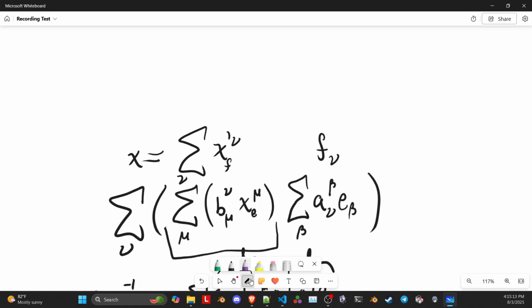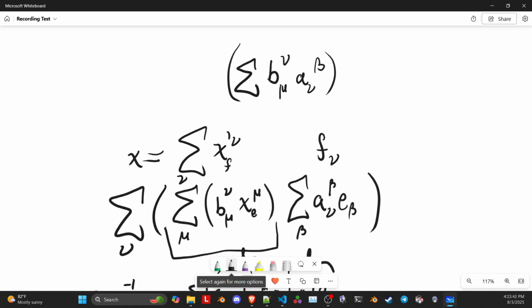Let's try that. Since the x mu's and the e betas don't use the nu index at all, it's the one that looks like a v, well then we're just refactoring scalar components of the matrices, so there's nothing that stops us from doing this. B mu nu A nu beta.